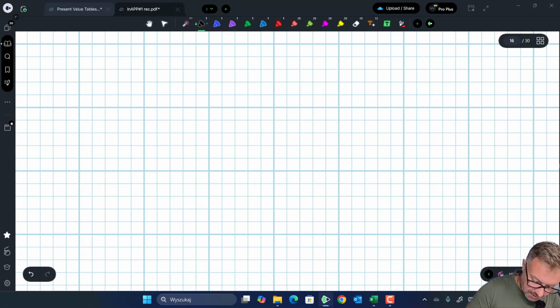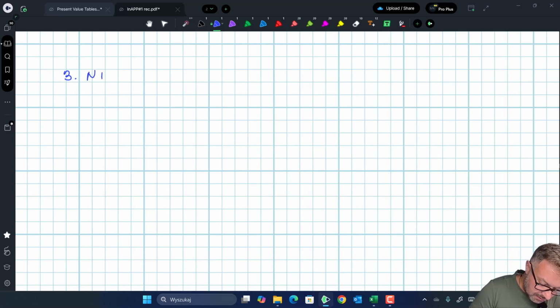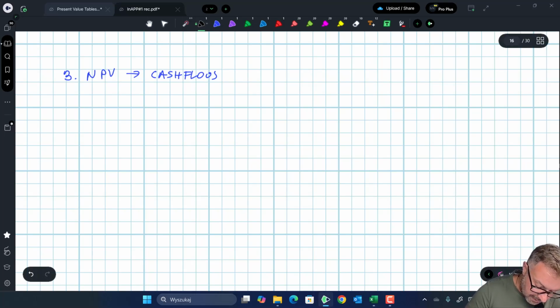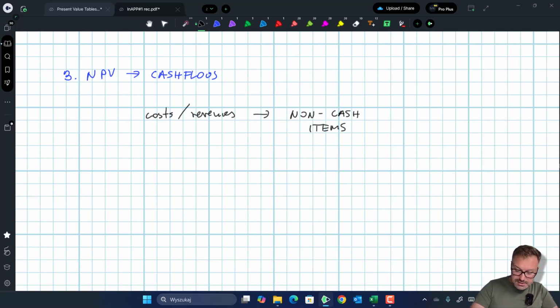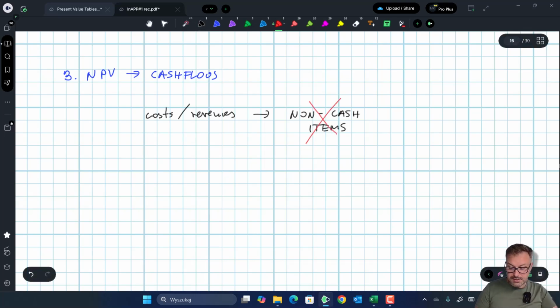And now finally, the last thing I want to talk about is the fact that NPV is a measure that uses cash flows. I said it already, but I guess it needs to be said again. It's based on cash flows. So if we have some costs or revenues which are non-cash items, then it's obvious that they are not included in the calculation.